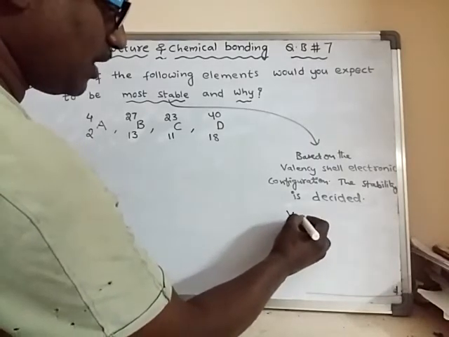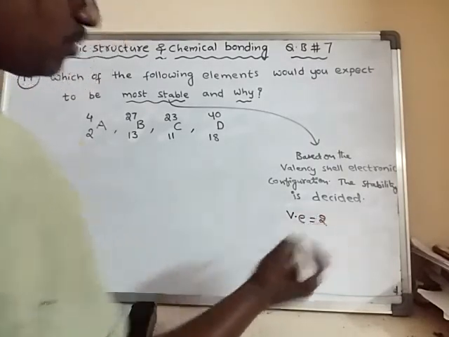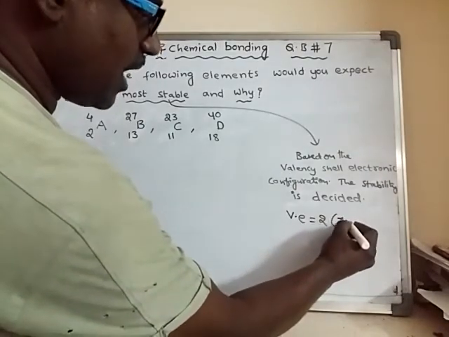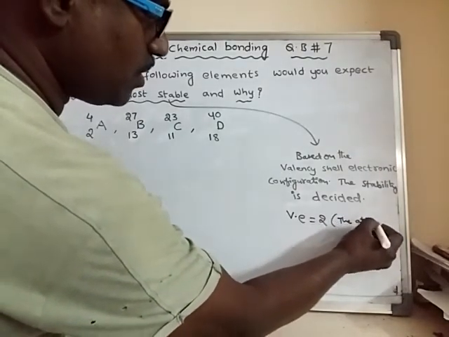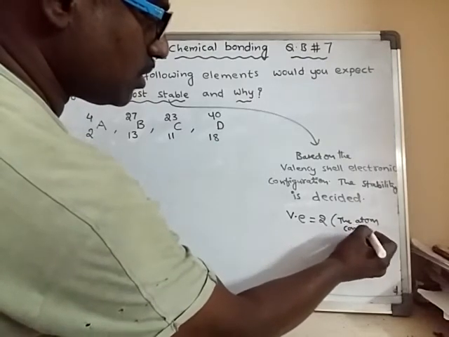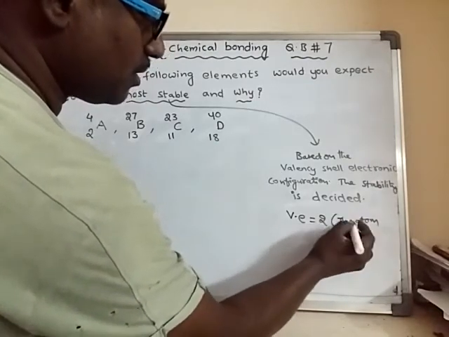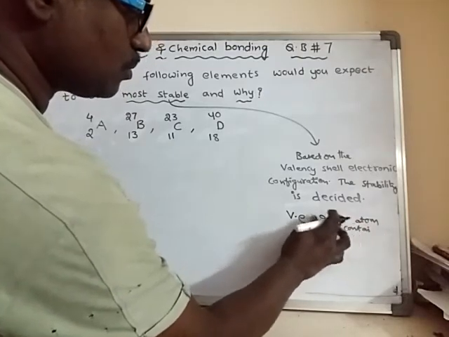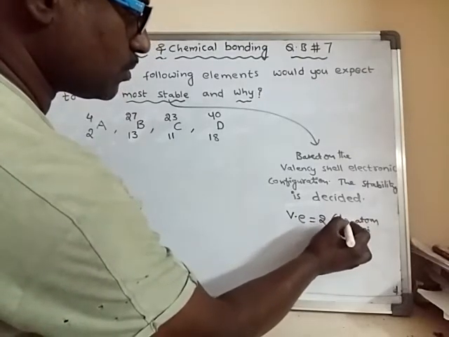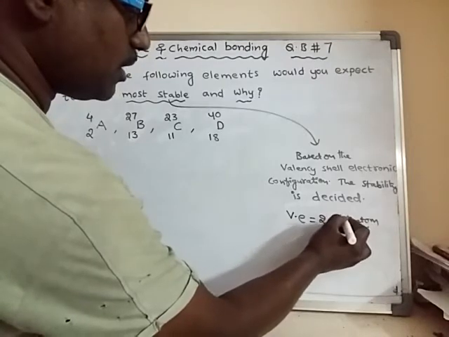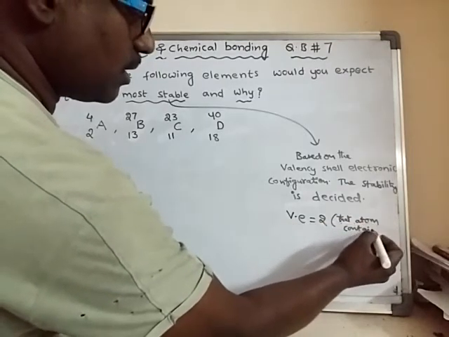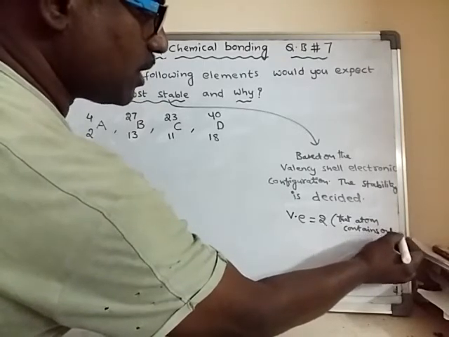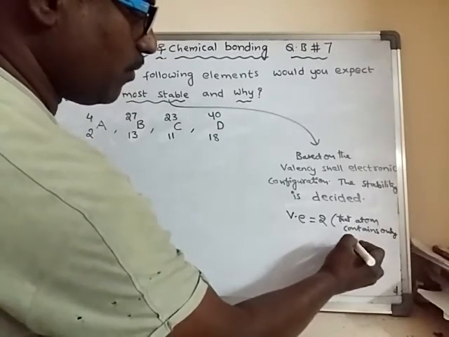So if the valence electrons is 2 and the condition is the atom contains only one orbit.